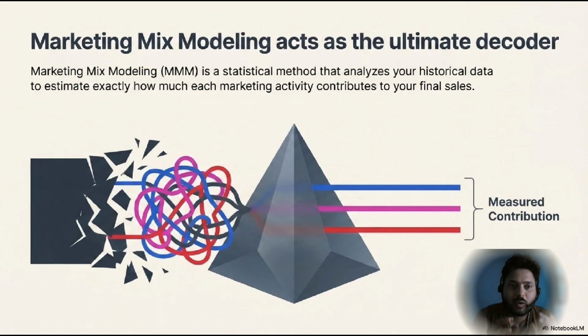MMM analyzes the historical patterns in that data. On the other side, it produces an estimate of the contribution made by each activity. In simple language, MMM helps answer the question: when our marketing spending changed, how did our sales change after accounting for other important factors?